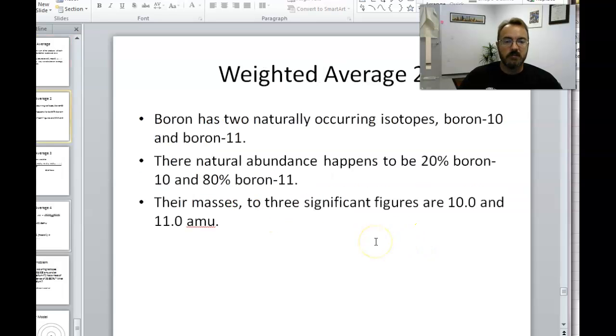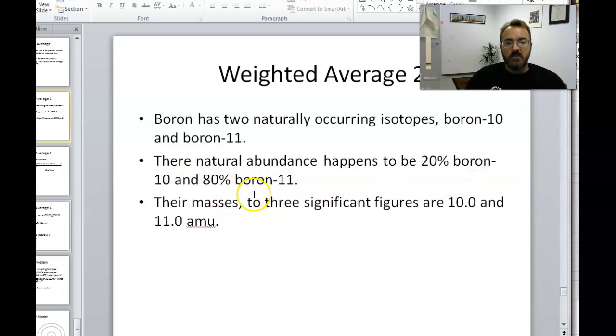And let me show you guys an example. We'll work through this example and I'll illustrate how to do this calculation. So you're given here, this is just a made-up example, but you have boron 10 and boron 11. All right, and then roughly speaking, boron 10 makes up 20% of the isotopes on Earth, and boron 11 80%.